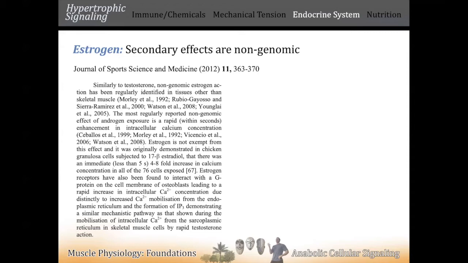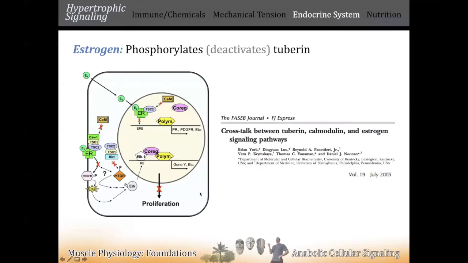You're going to see different amounts of estrogen, different amounts of testosterone, and that can acutely affect performance. It can chronically affect adaptation, but it can also acutely affect performance. And so some of these non-genomic effects, estrogen can deactivate, phosphorylate in an inhibitory way, tuberin, tuberous sclerosis complex 2, right? Tuberin.